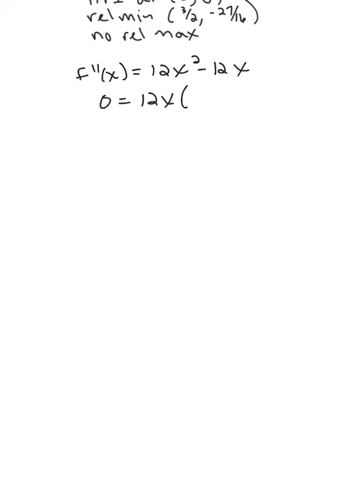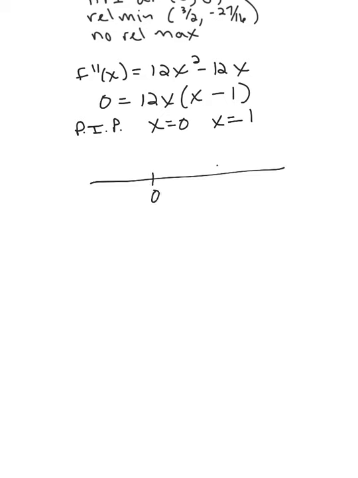Pulling that out of both terms will leave us with x minus 1. So our possible inflection points will be x equals 0 from the 12x, and x equals 1 from the quantity. Put those numbers on the number line.